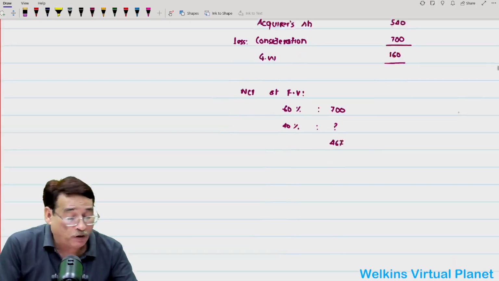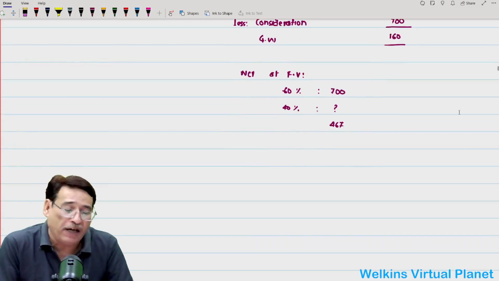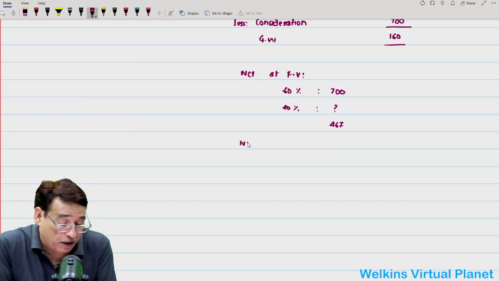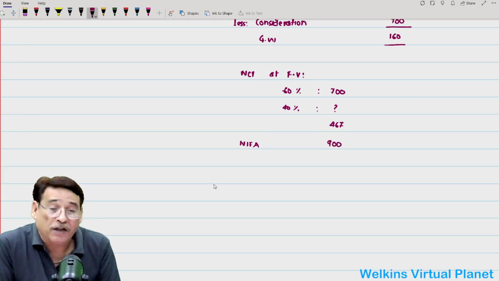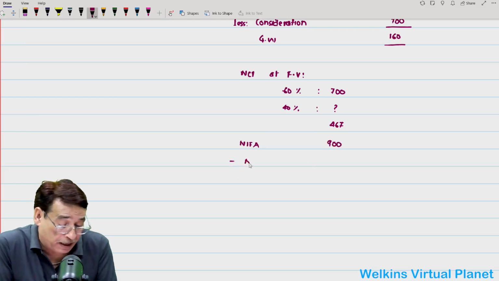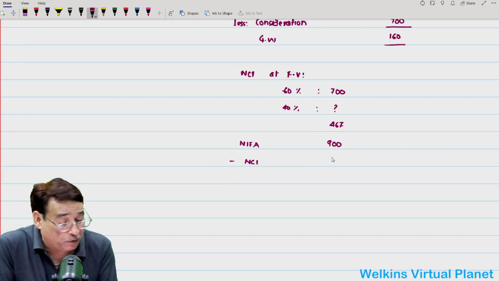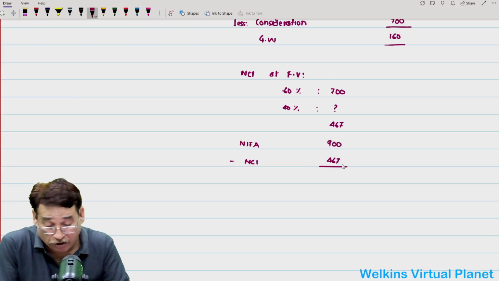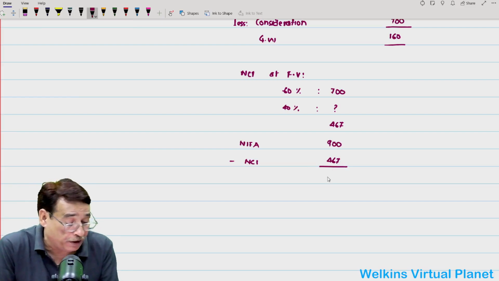Now, if the amount of NCI would have been 467, then in this case, what would have been the amount of goodwill? We have already computed net identifiable asset on the date of acquisition, which is equal to 900. From 900, I will subtract NCI, this time at fair value, that is 467. So this time acquirer share will be 900 minus 467, which is equal to 433.